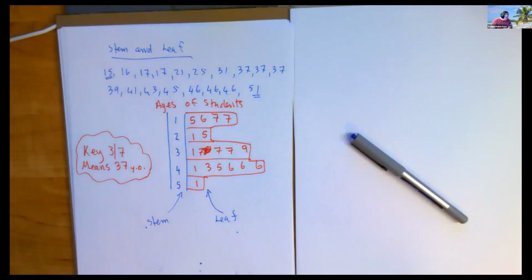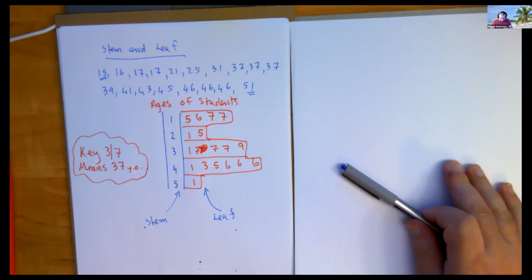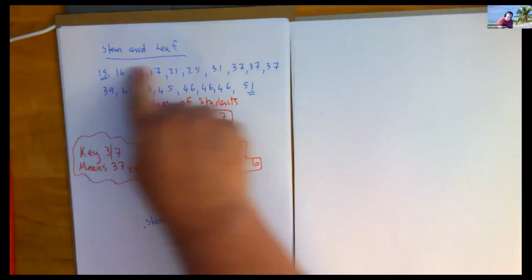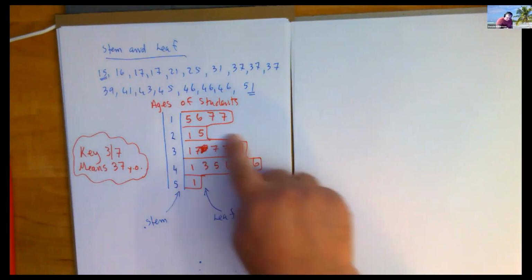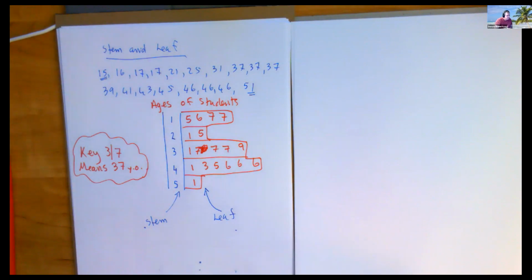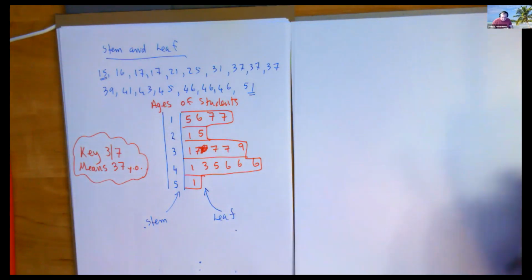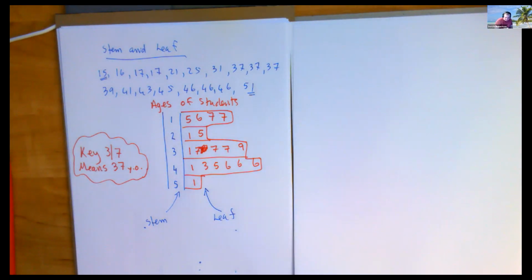It has lots of advantages, a stem and leaf. It's quick, it's easy to do. All the information that's written here is clearly contained in this. You can see it without too much thought process going on. It's pretty good visualization.